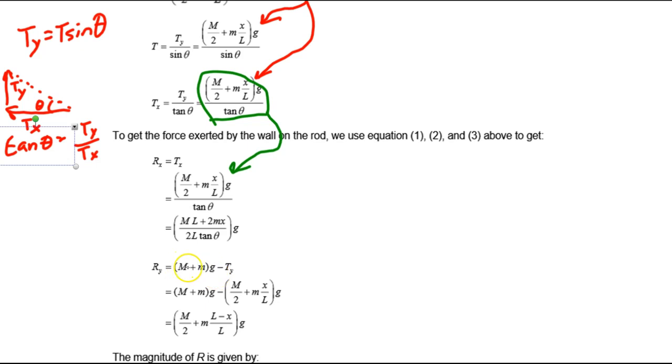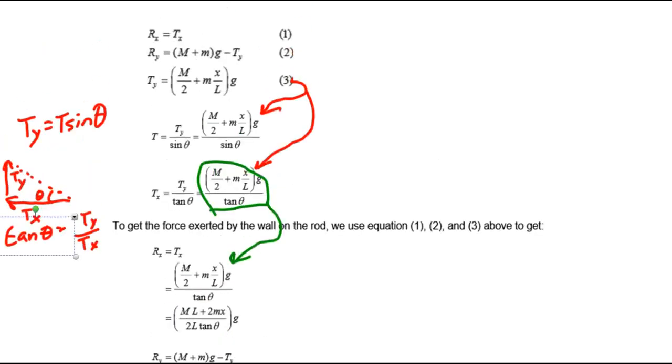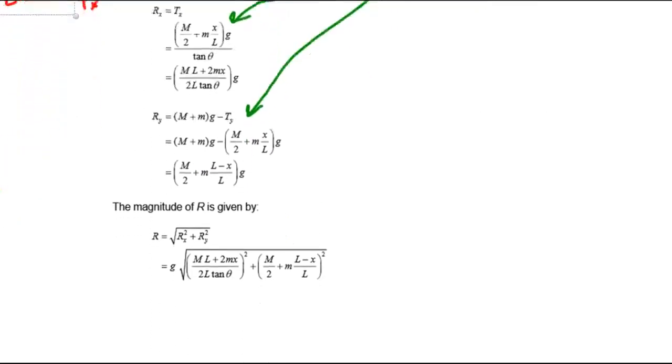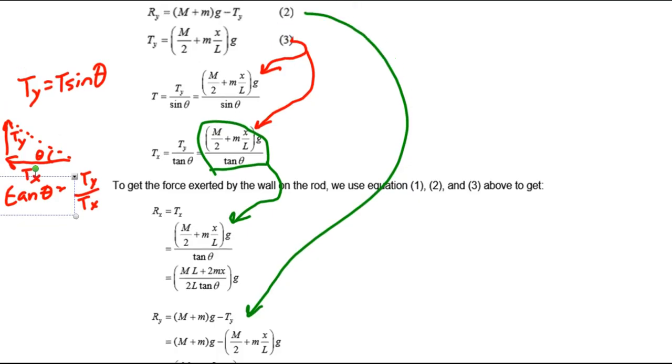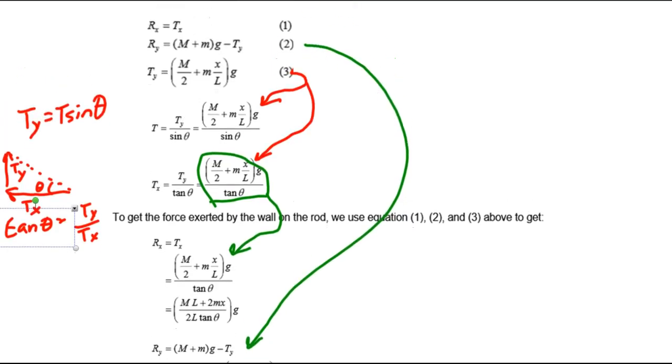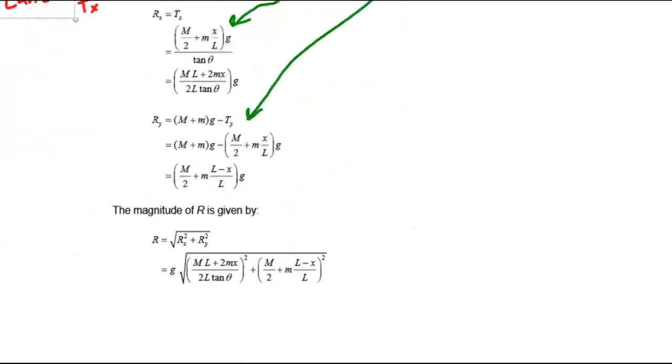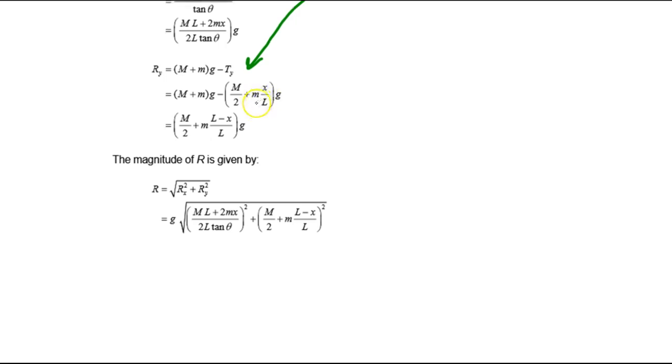Down here they took the Ry expression from up here, and I'll attempt to draw an arrow and bring that down here, or to show that it comes down here. And once they did that, they took the expression for Ty and substituted that in place of the Ty right here.